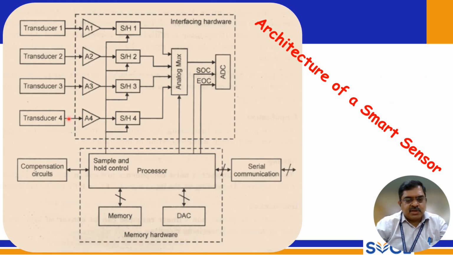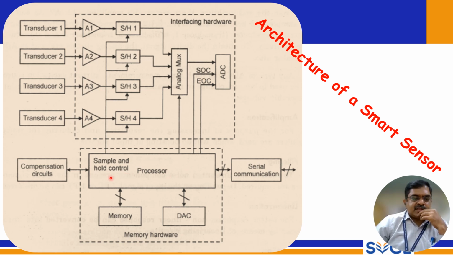This is a detailed architecture of a smart sensor. Here the transducers are connected through operational amplifiers to sample and hold circuits, used through an analog mux, and end of conversion and start of conversion signals go to the ADC, and these two signals are obtained from the processor.